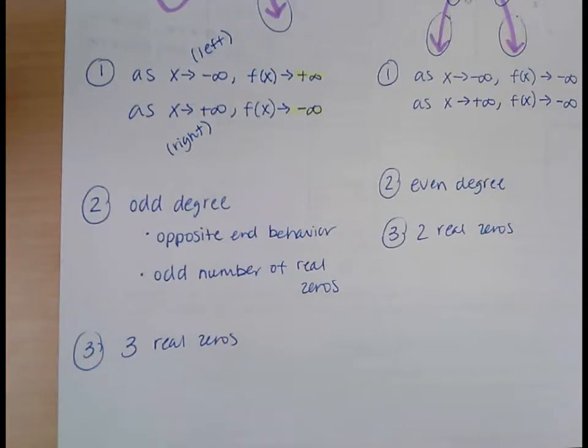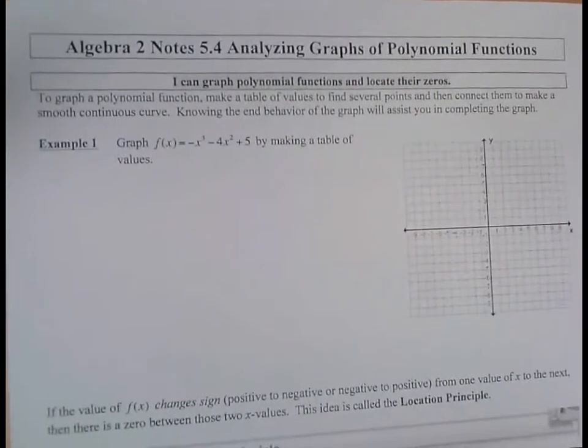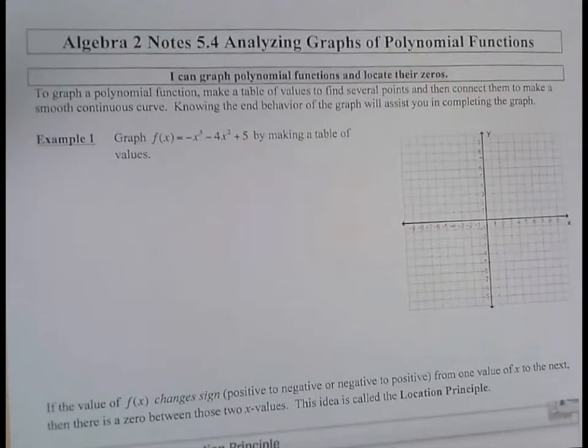Before I move this, questions on this? Okay. So then for 5-4, as I said, this just ties right in because now you are graphing a polynomial function yourself.